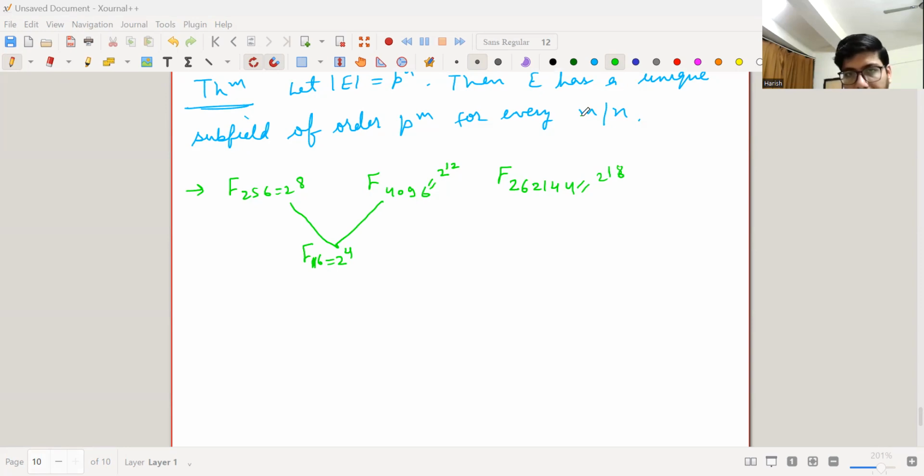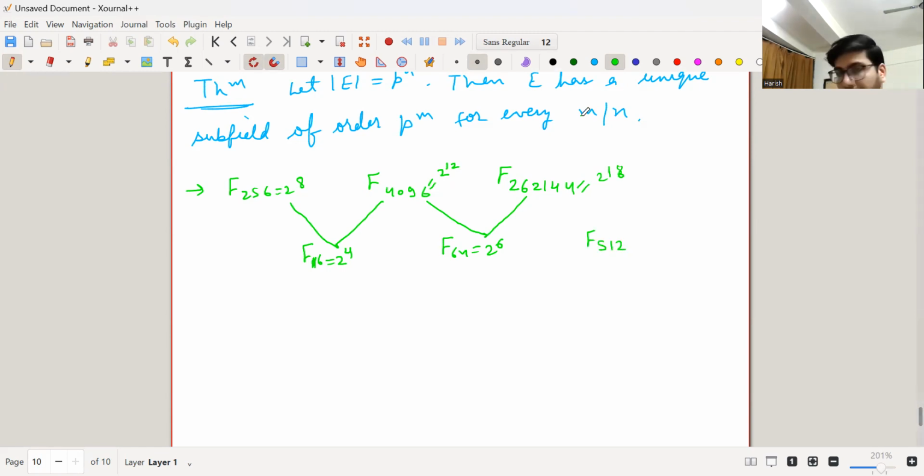But if you consider F64, which is 2 raised to 6, then it will be a subfield of this, and this will also be a subfield of this, but this won't be a subfield of 2 raised to 8. And if you consider a field of cardinality 2 raised to 9, F512, then this will be contained in this.